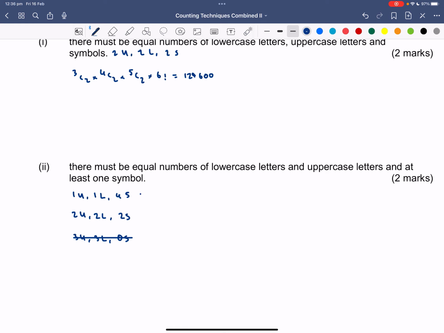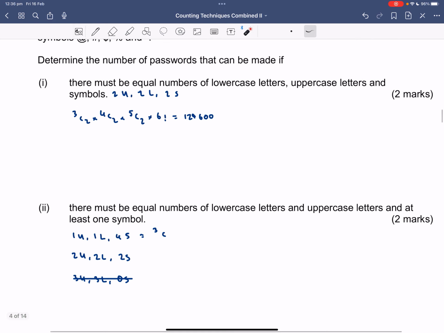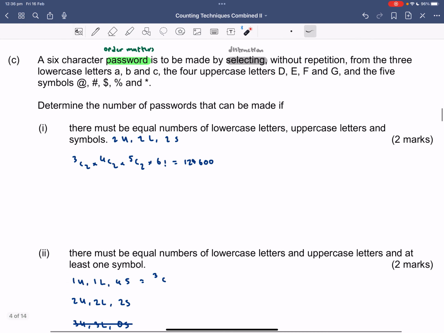Okay, so what would this be? 1 uppercase, 1 lowercase, and 4 of the symbols. How many uppercases are there? There are 4 uppercases. Ideally, I should have written the 4 choose 2 first, because I did say 2 uppercase first.